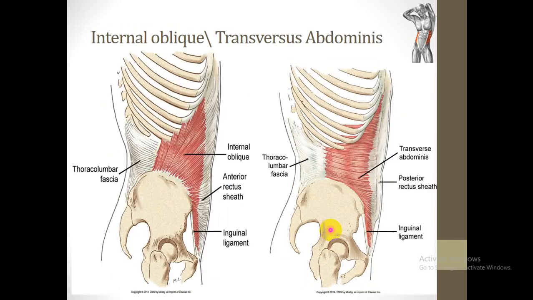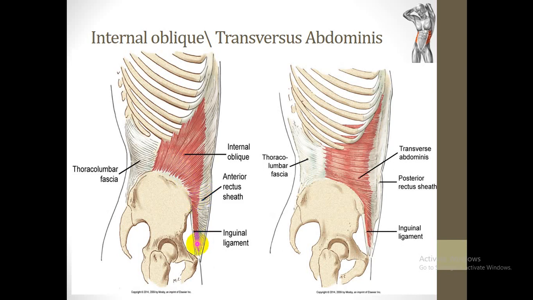The second muscle is the internal oblique muscle, that is much smaller and thinner than the external oblique, and its fiber runs upward and medially as shown by this picture. It takes its origin from the thoracolumbar fascia and from the iliac crest between the insertion of the external oblique and origin of the transversus abdominis muscle.